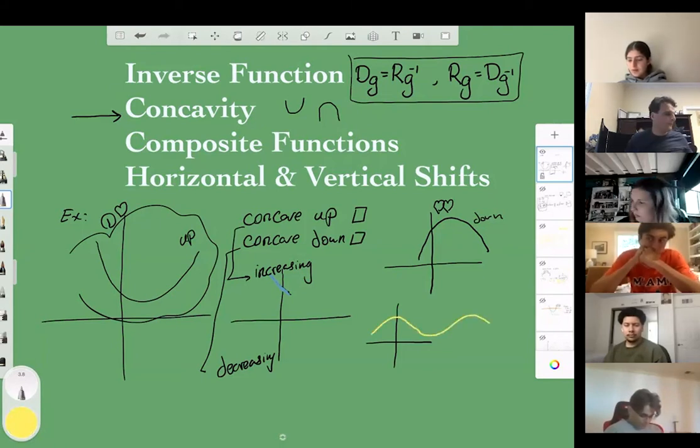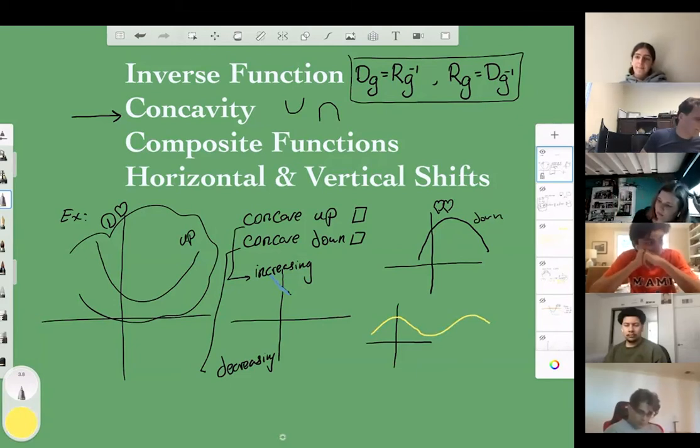Is this concave up or down? Differently, we cannot say, correct? So what we do, we have to break it down into intervals.